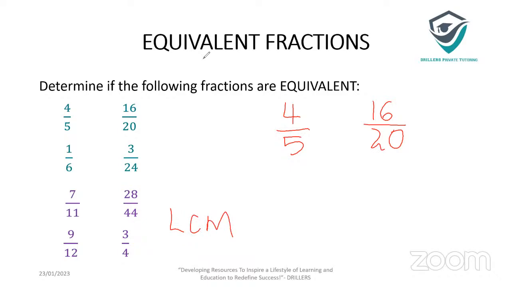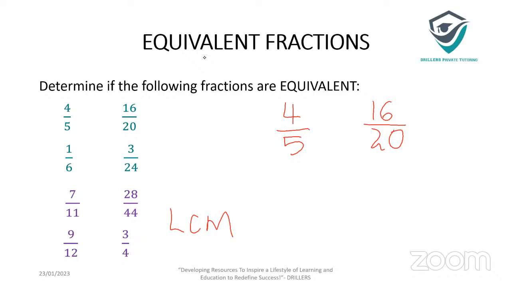Basically we have to find a number that is both a multiple of 5 and a multiple of 20. We're looking at the denominators, because remember we have to convert them into like fractions, which means our denominators have to be the same. Right now they are unlike because our denominators are different.